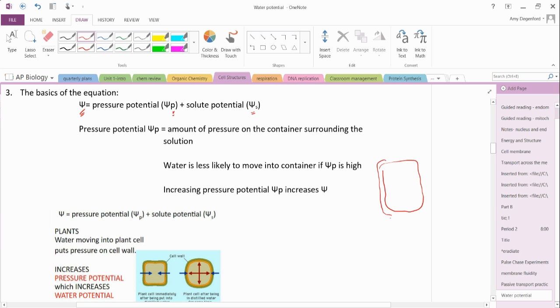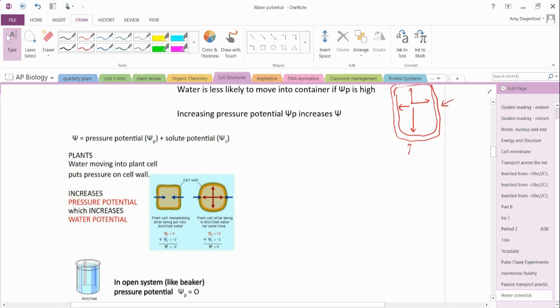If it has lots and lots of water, if it's nicely watered, the water inside the plant in that vacuole is pushing back onto the cell wall. Even though water might want to come in, it's getting the opposing pressure from inside. So increasing the pressure potential increases the overall water potential.